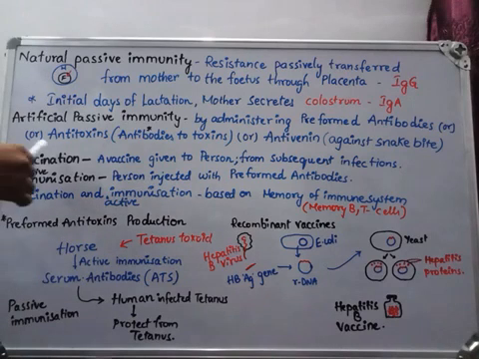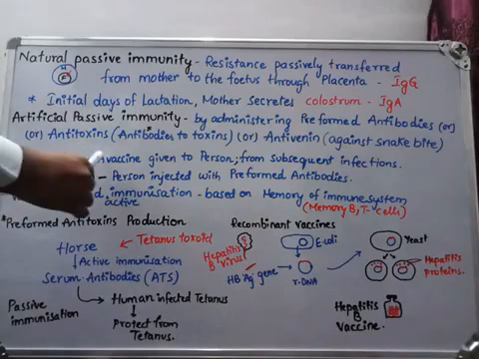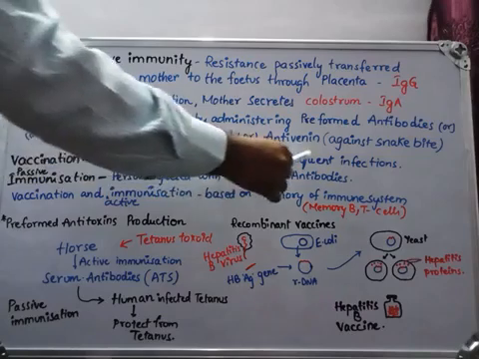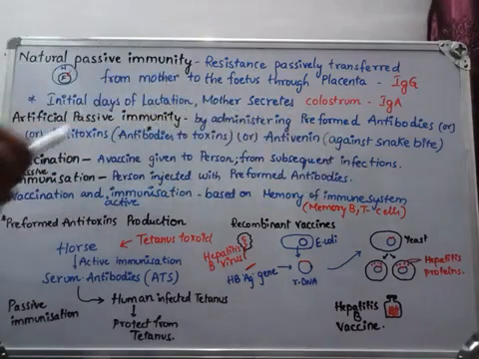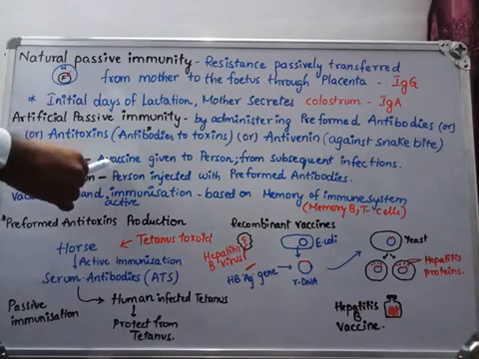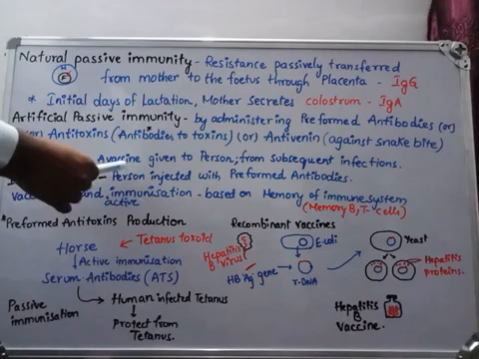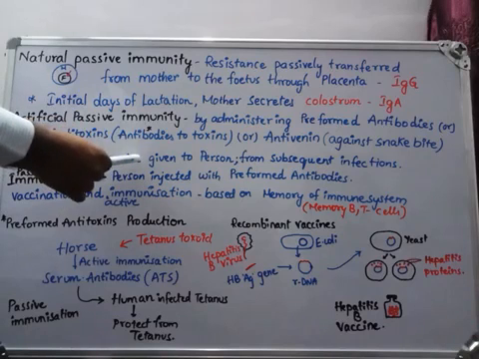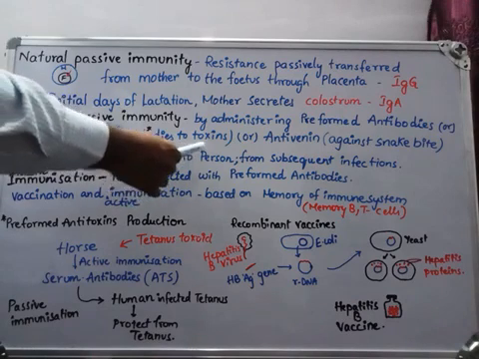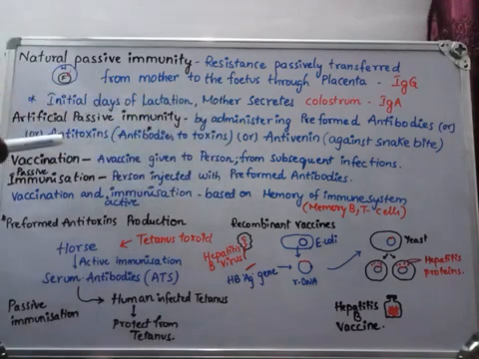Now let us see what vaccination is. Vaccination is giving a vaccine to a person to protect him from further infections with the same pathogen. Here the vaccine is nothing but the antigen. We inoculate a weakened or attenuated pathogen, and there is production of antibodies and memory B and T cells, and the person is protected subsequently.